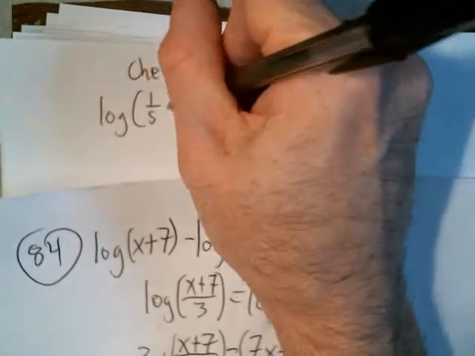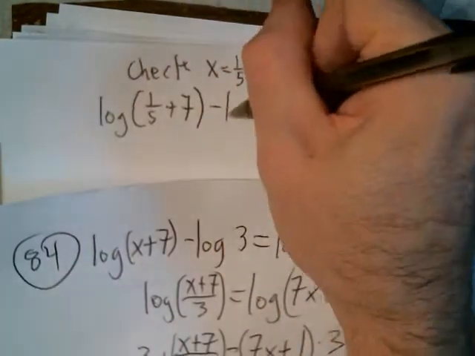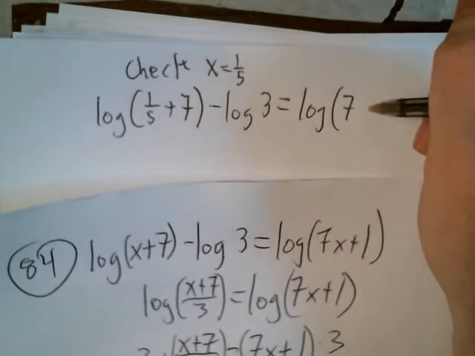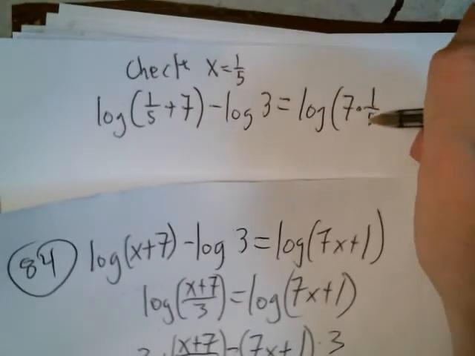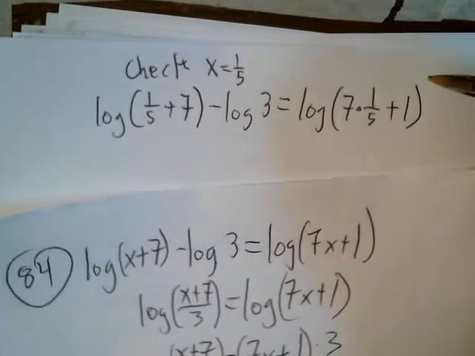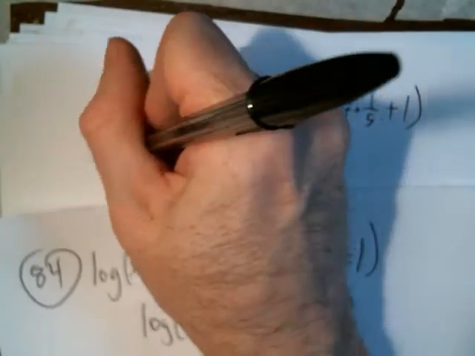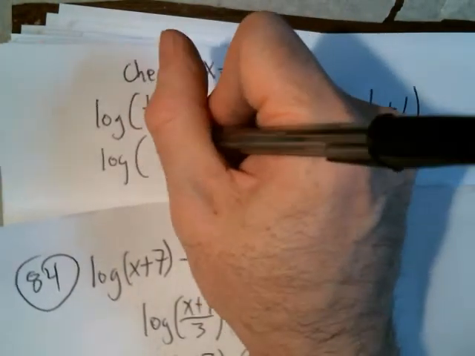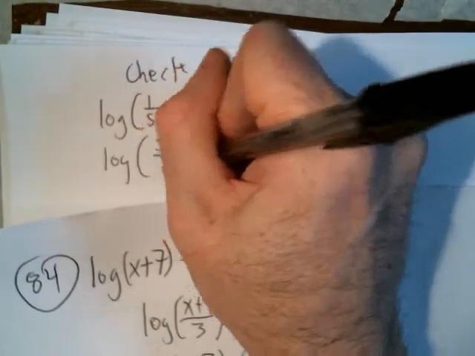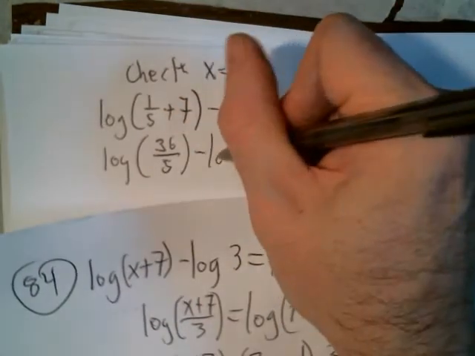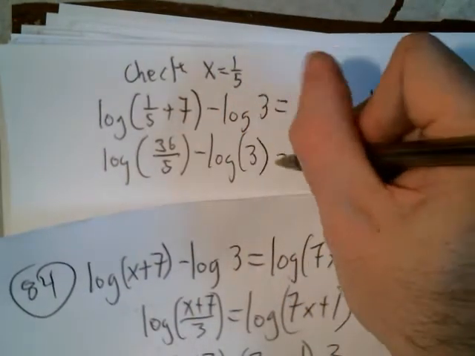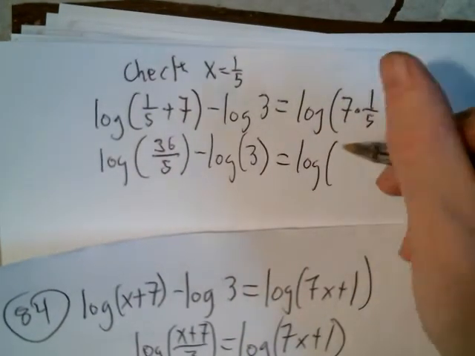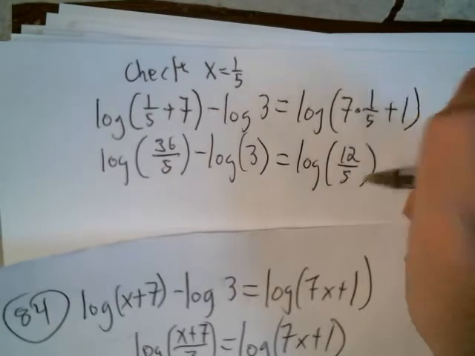I have log of 1/5 plus 7 minus log of 3 equals log of 7 times 1/5 plus 1. Over here I have log of 1/5 plus 35/5, which will be 36/5, and then minus log of 3. Over here I have log of 7/5 plus 5/5, which would be 12/5.